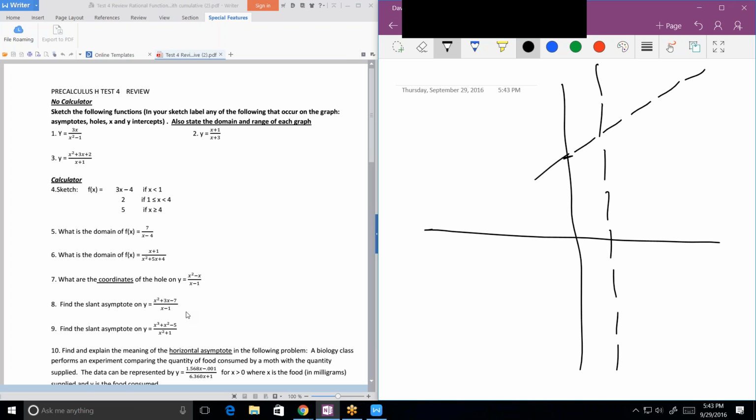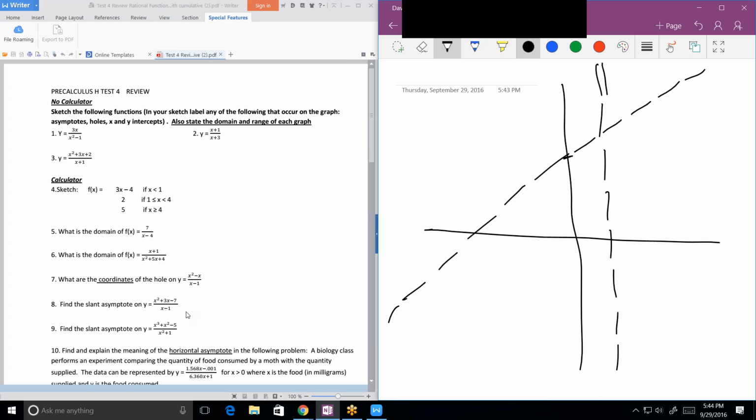It's not just horizontal and vertical lines. It's usually a vertical asymptote with a slant asymptote. Okay? Now my graph, I got some choices on. Again, it's hyperbolic. So I know that the definition of a slant asymptote is this is what the function is going to approach as x goes to plus infinity and minus infinity.